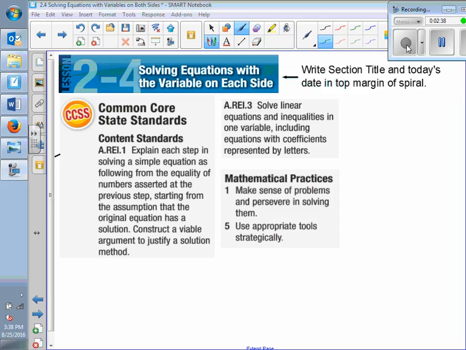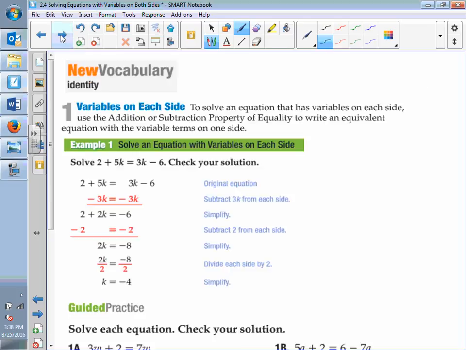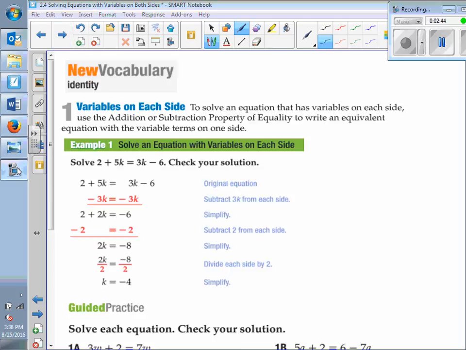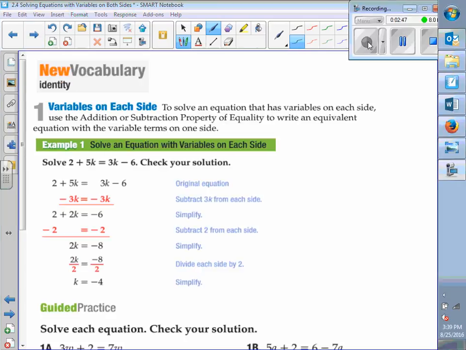All right? So that's what we're doing today. The only new vocabulary is an identity, and we'll talk about that once we start solving equations.